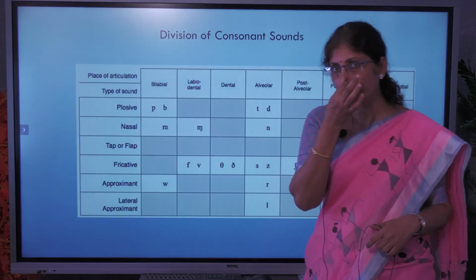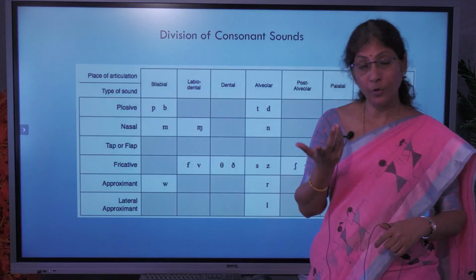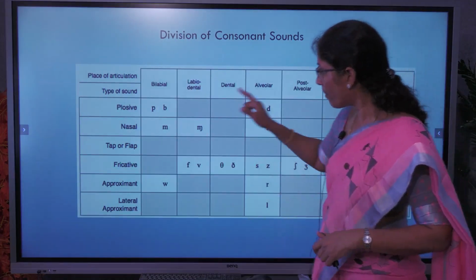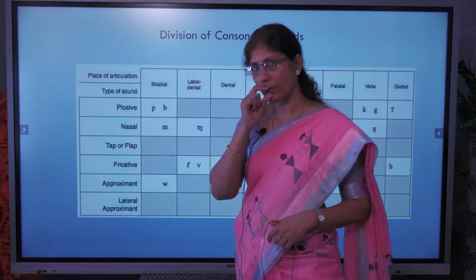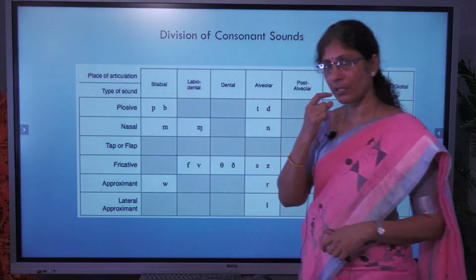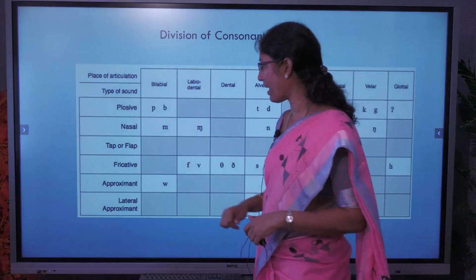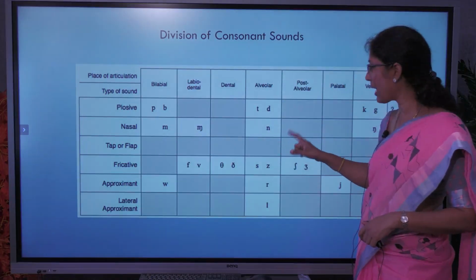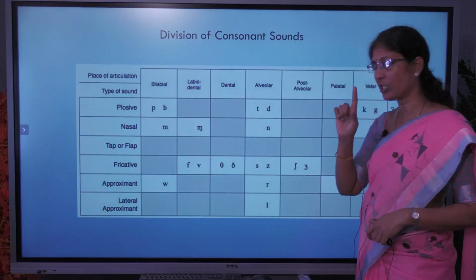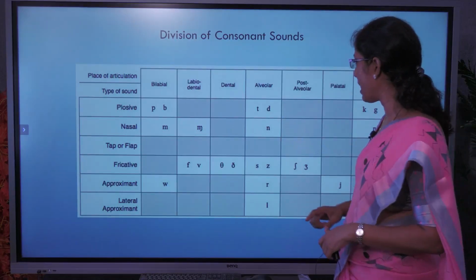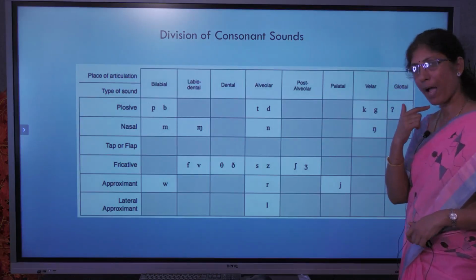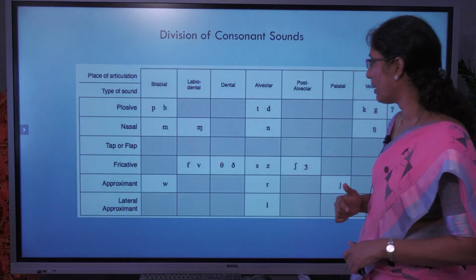For example, "no". That's why they are called nasal sounds. M is produced using the 2 lips. Air is obstructed here. That's why it is a bilabial sound. And n, our tip of the tongue is touching the alveolar ridge and obstructing the air. Ng is velar. That means the back of the tongue. Right?